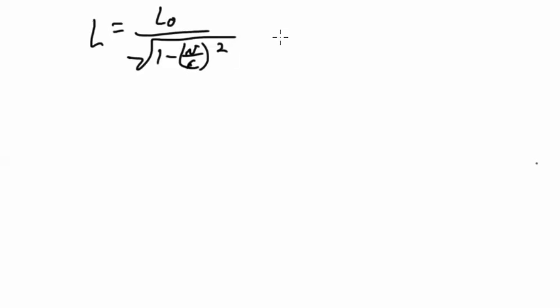Okay, the next thing I want to talk about is the fractional change that comes as a result of Lorentz contraction. It goes L equals L sub naught divided by the square root of 1 minus V over C, quantity squared. So I'm just going to talk about this fractional change, L over L sub naught, which will just be 1 over the square root of 1 minus V over C squared.